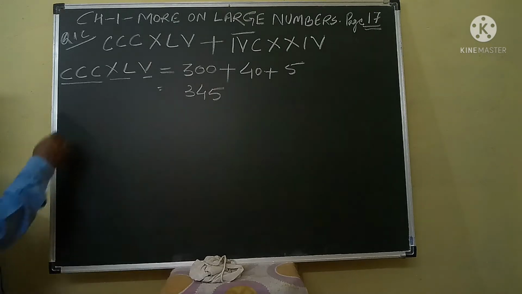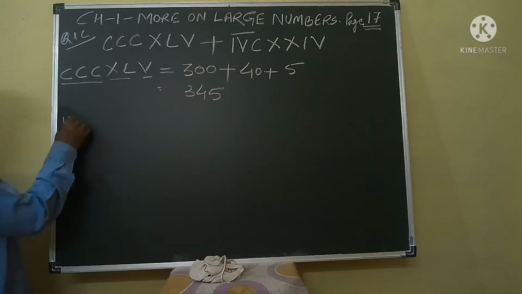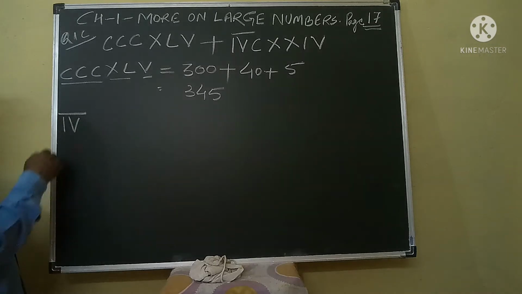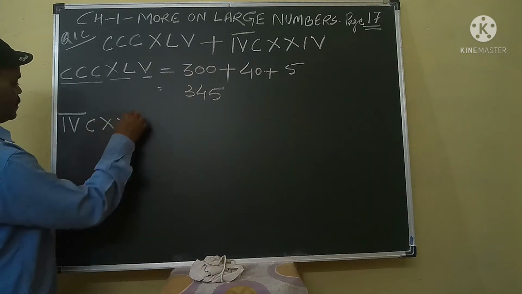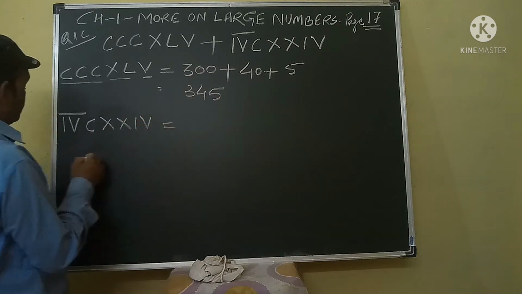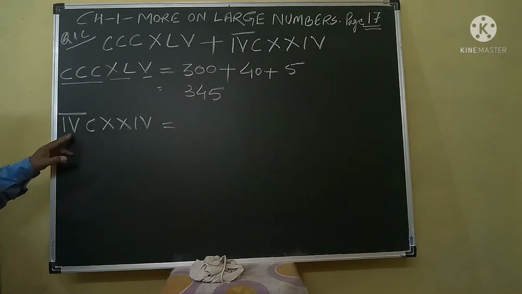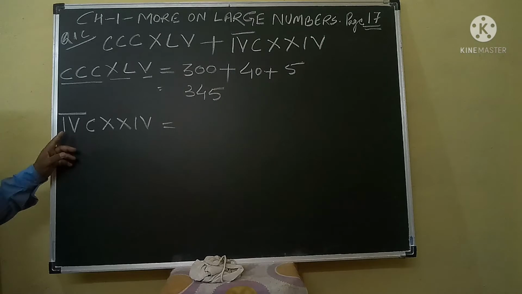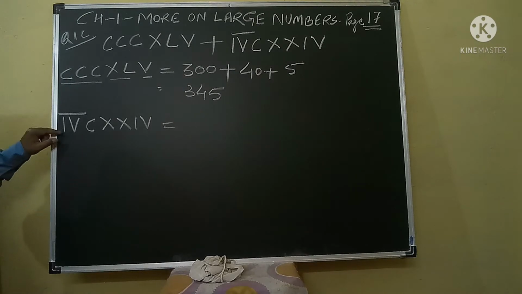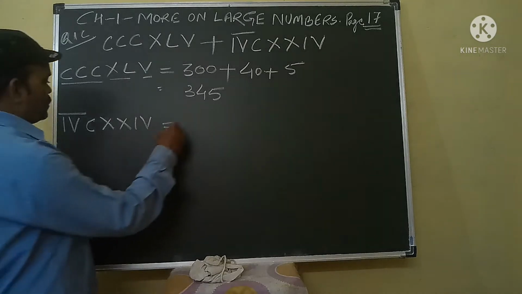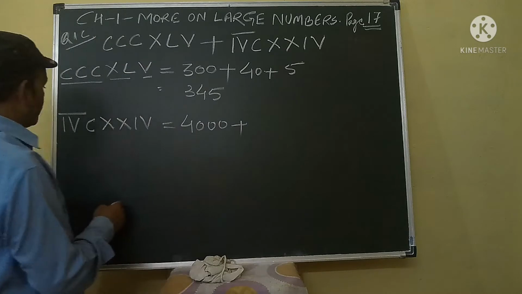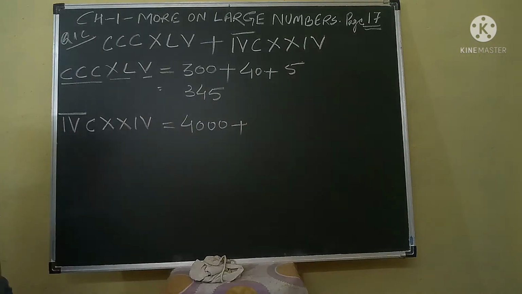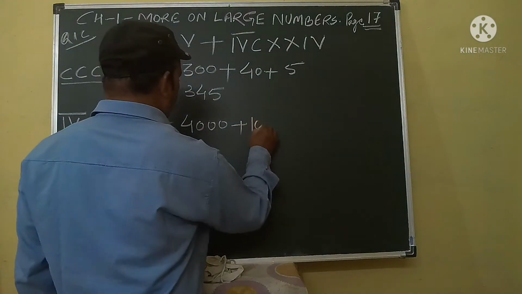Thereafter, IV with a horizontal line above, CXXIV. Okay. IV is the symbol of 4. IV with a horizontal line above is 4000. This is 4000 plus C. C stands for 100.